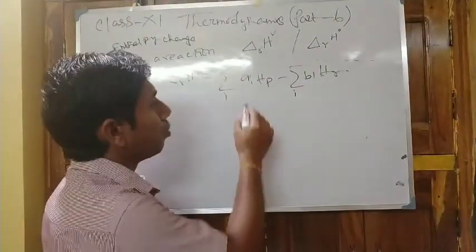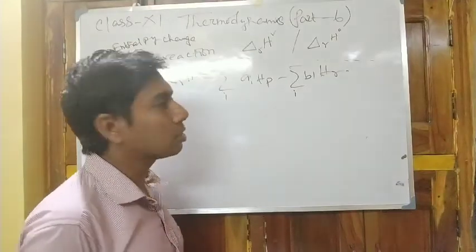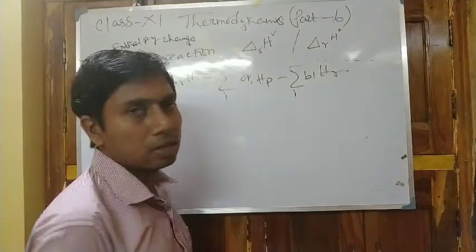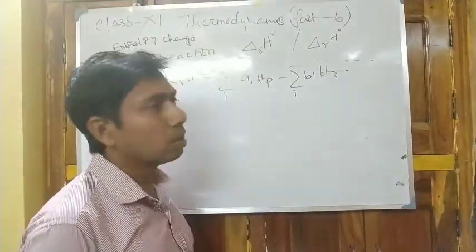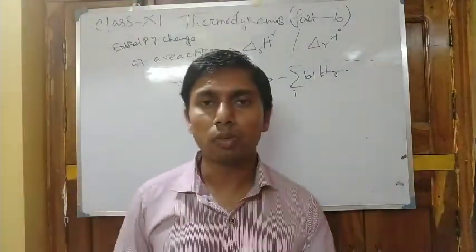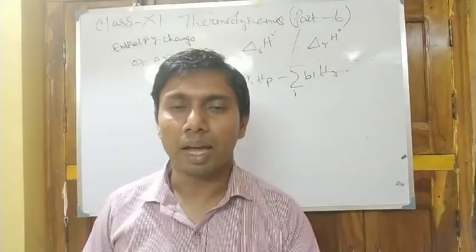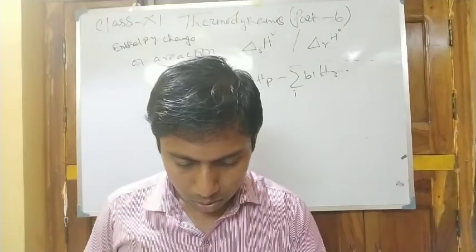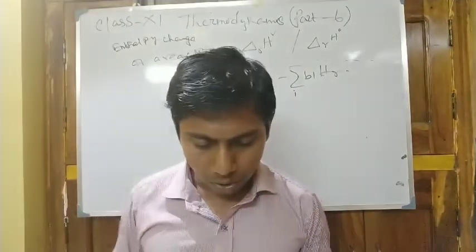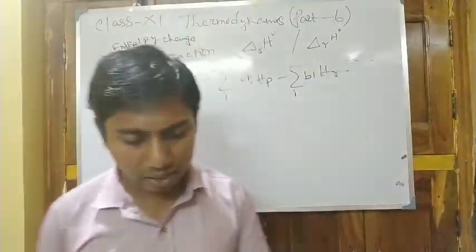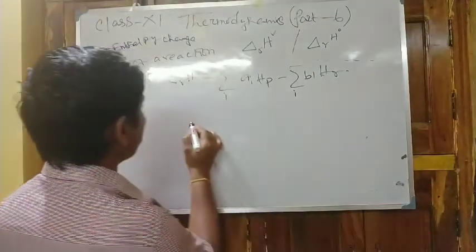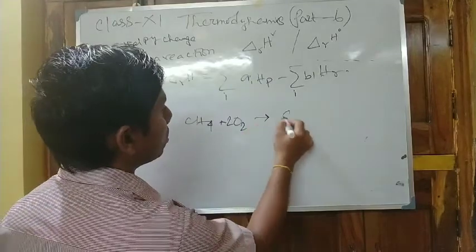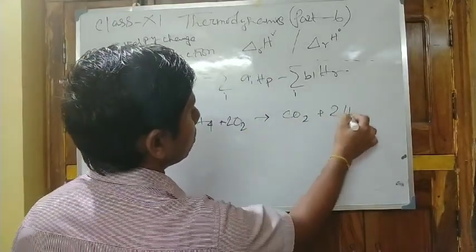Now if more than one reactant or product is there, then we have to sum up, because the difference in enthalpy is equal to the individual enthalpy changes of the reactants and products. For example, take the reaction CH4 plus 2O2 gives CO2 plus 2H2O.